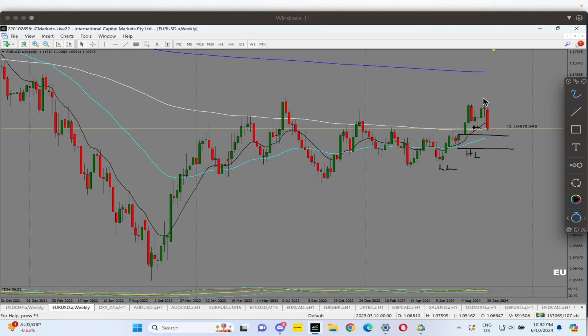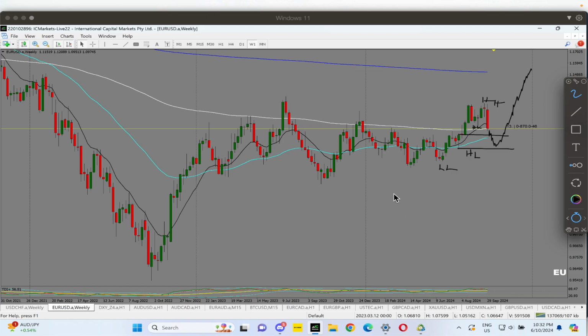All right, and then this is your higher high. So you want to see the market come around this area and probably retouch that last higher low before it can then continue going up for the year.